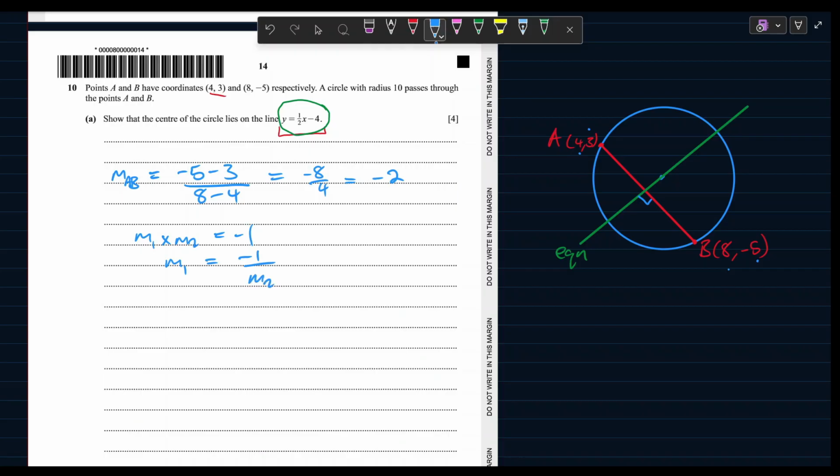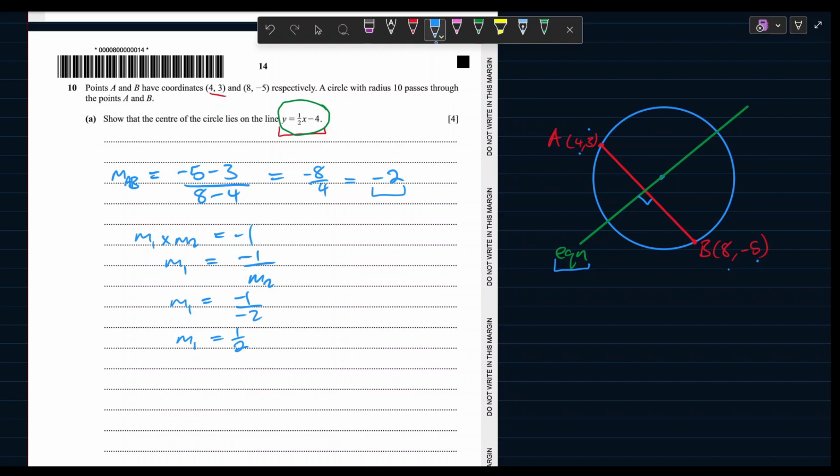And in our case, saying that m1 is the gradient of our perpendicular bisector, m1 is going to be equal to -1 over the gradient of AB, -2. So you get that the gradient of our perpendicular bisector is equal to 1 over 2.